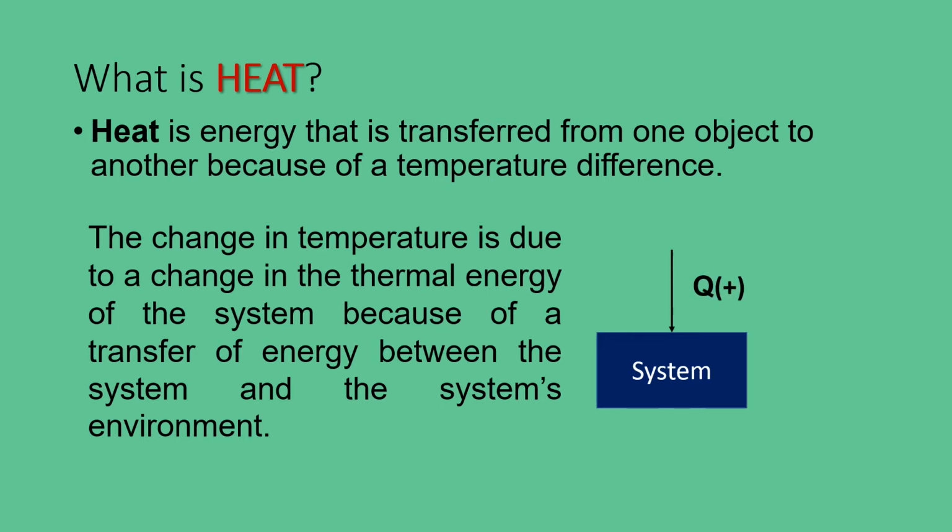But once heat is removed from the system or heat is released, Q is negative. Take note that the process of heat transfer is always from warmer to cooler, or warmer objects always heat cooler objects, but the reverse never occurs.